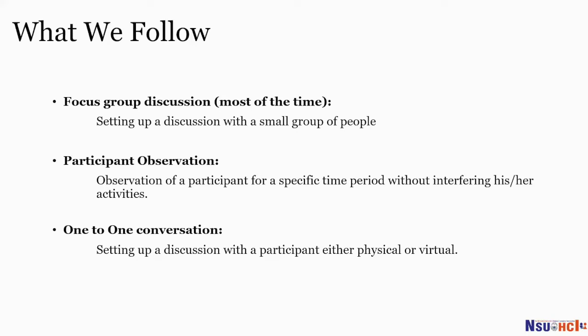And one-to-one conversation is a conversation with a single participant with multiple researchers. There might be 2 or 3 researchers with a single participant. It can be either physical or virtual. And we can also do virtual focus group discussion in our research methods. So that is not a big deal.